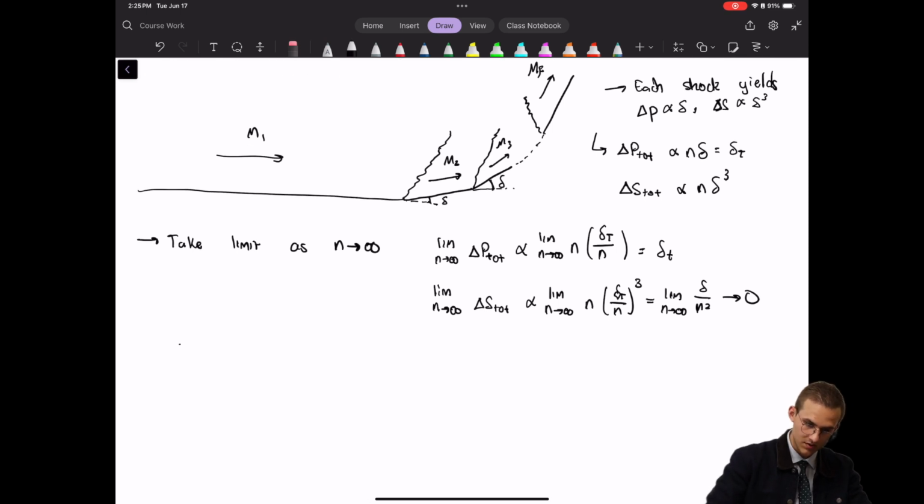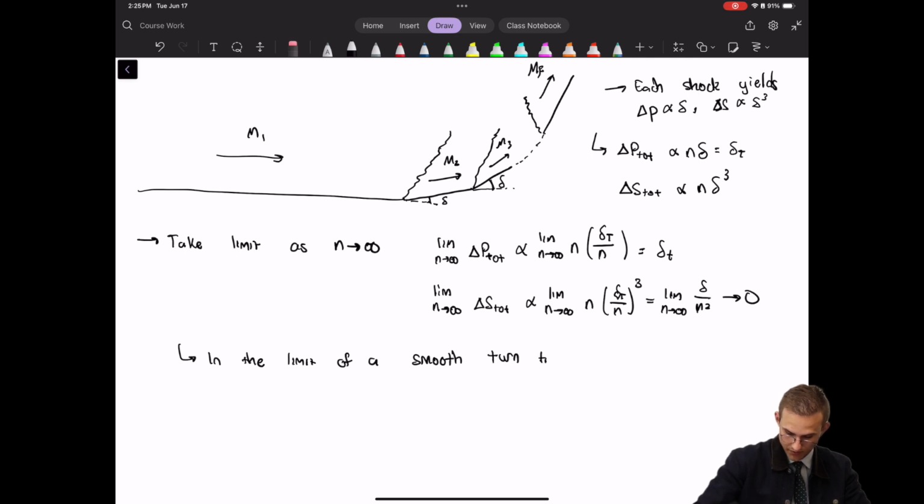So in the limit of a smooth turn through the deflection angle delta t, the shock waves, here I'll actually make this into a list.